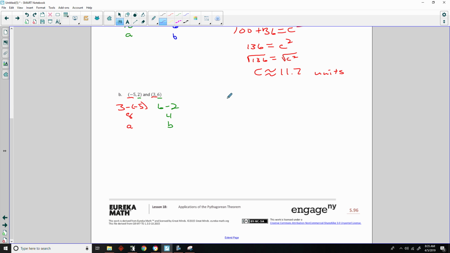So then I solve. a squared plus b squared equals c squared. 8 squared plus 4 squared equals c squared. 64 plus 16 equals c squared. 80 equals c squared. So c equals the square root of 80.